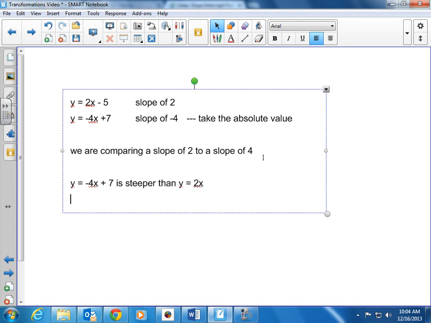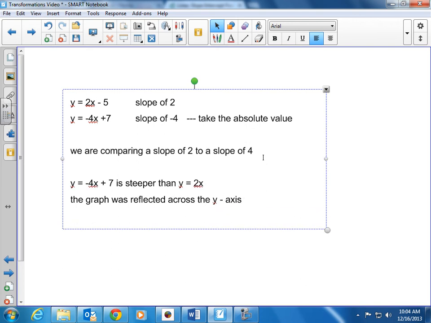What else do we know is different? The one slope was positive, the other was negative. So there was also a reflection. To get from y equals 2x minus 5 to y equals negative 4x plus 7, we had to reflect the graph across the y-axis. What else happened? The equation started out with a y-intercept of negative 5, and it moved to a y-intercept of 7.